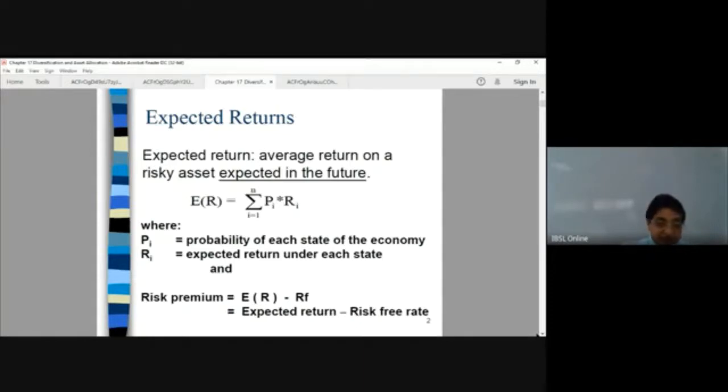Now just look at this concept, which we call the risk premium. Premium is the amount of margin over the risk-free rate.